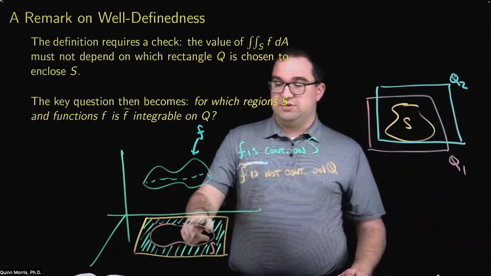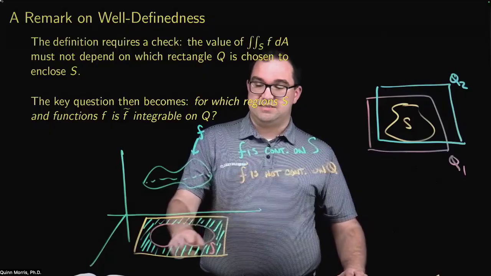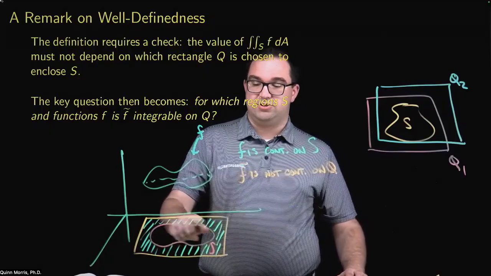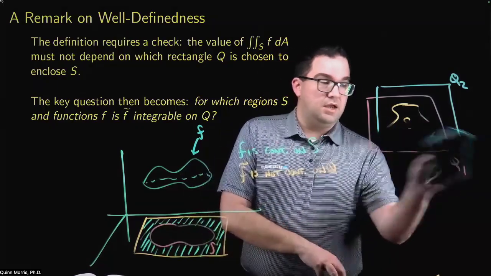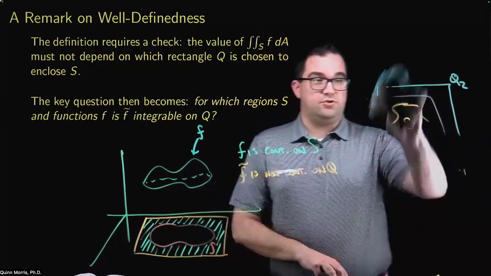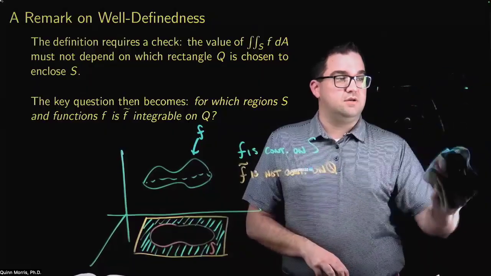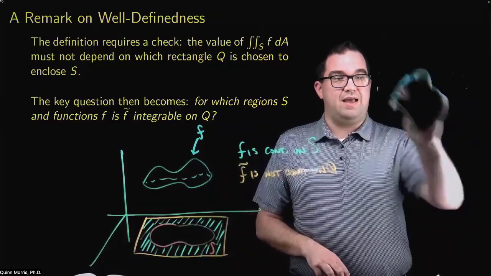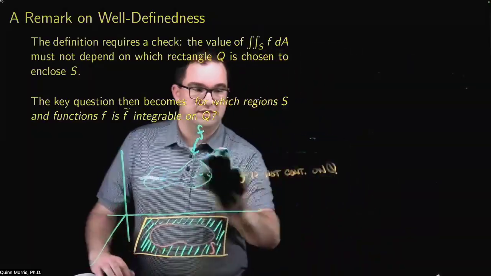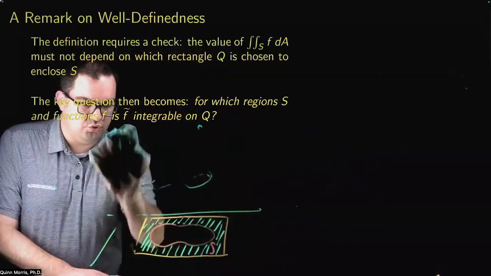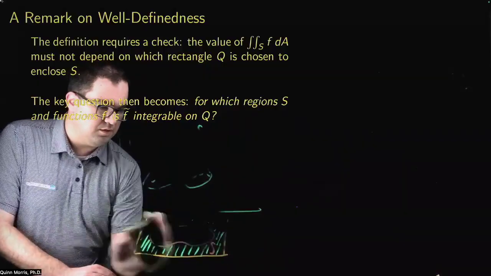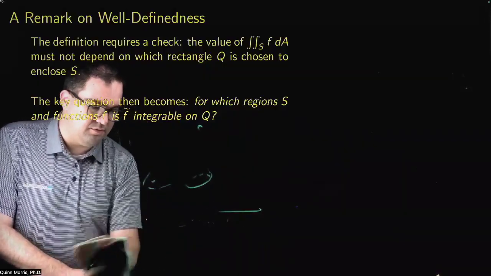So what we may want to do is ask whether we can say something about the conditions under which the boundary of this region will have content 0. It turns out that the answer is yes under nice enough conditions. Certainly the boundary of S will be a set of content zero, and we're pretty much going to limit ourselves to those cases.